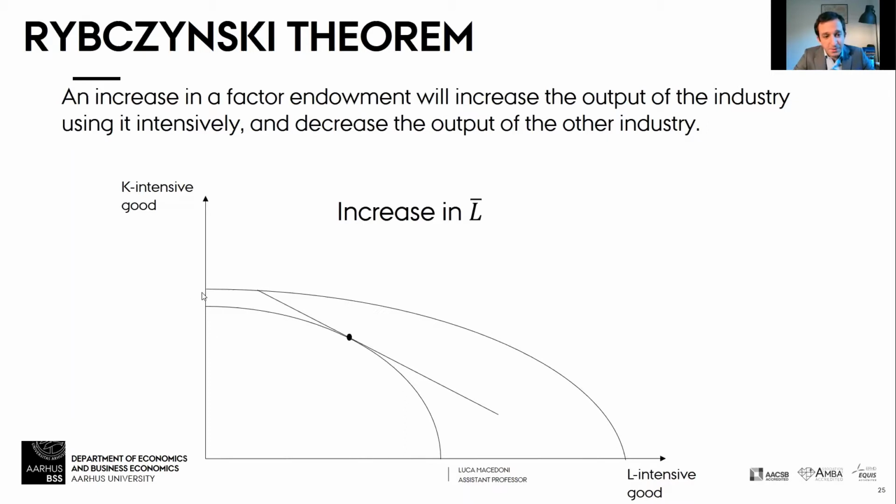Notice that both the number of the capital intensive good and labor intensive good that you can produce if everybody's working there both increase, right? Because you can always add more workers everywhere. But the increase is skewed towards the labor intensive good. And if you hold the prices constant, perhaps it's not that evident, there's going to be an increase in the labor intensive good and a reduction in the capital intensive good production.